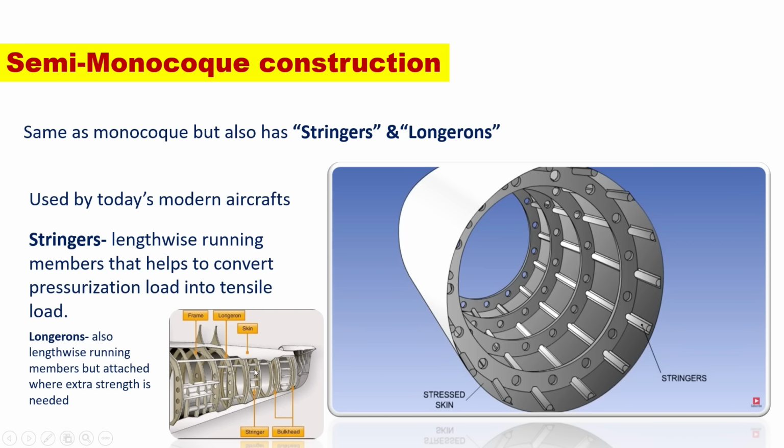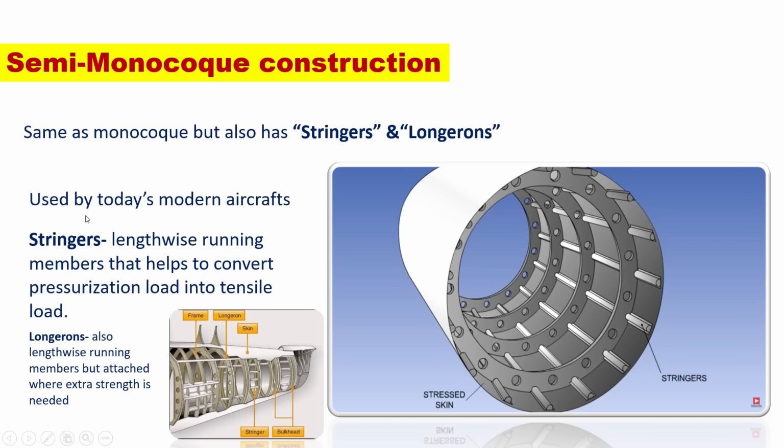So you don't need to get confused again. Not a big deal. Just remember, in semi-monocoque we have frames and formers, skin, and stringers, along with longerons. So this is your semi-monocoque construction, and it is used by modern aircraft.